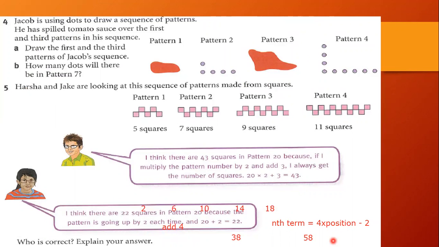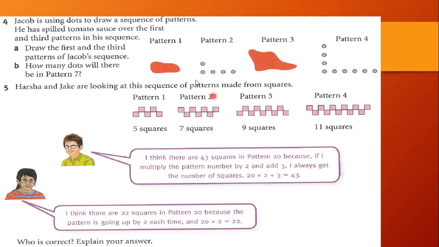Now question number 4. Here we have Jacob, who is using dots to draw a sequence of the pattern. He spilled the tomato sauce over the first and third pattern. Okay, so draw the first sequence.